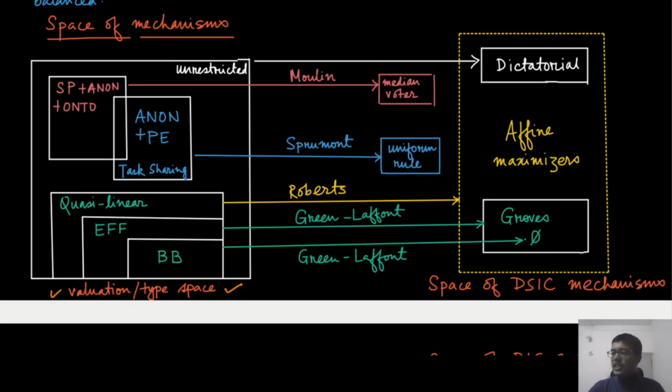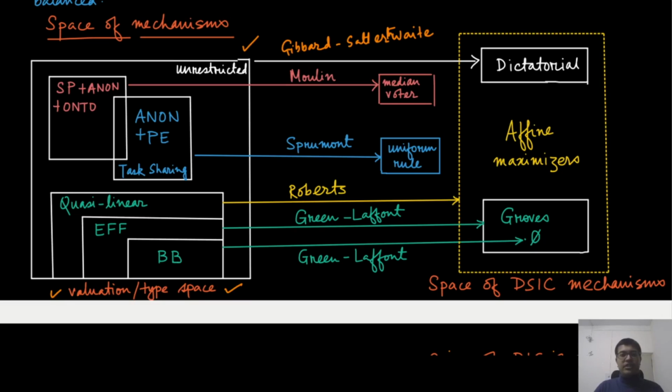So the largest class is the unrestricted domain, with unrestricted preferences. We have seen that if we allow all possible ordinal preferences over all the alternatives, then by the Gibbard-Satterthwaite result, what you get is a dictatorial rule. Okay, so that is the first result.